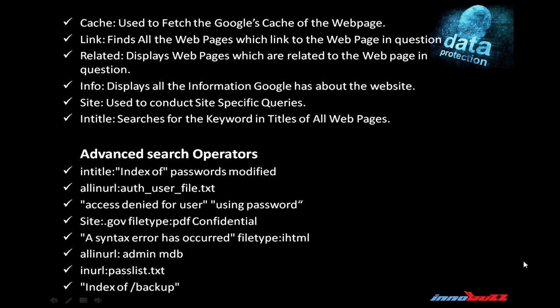You will get the list of modified passwords. Site:.gov filetype:pdf confidential gives you a list of confidential data. A syntax such as space filetype colon ihtml gives error details, which is useful in information gathering.